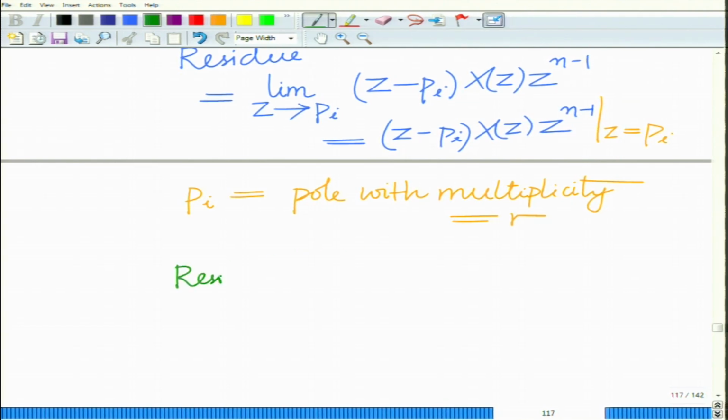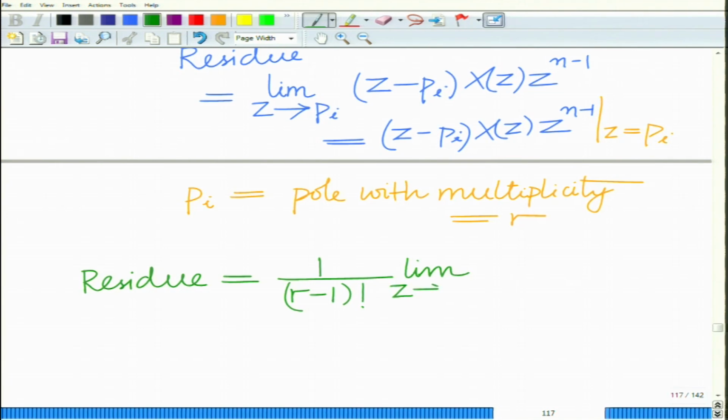Then the residue of this equals 1 over (r minus 1) factorial, limit z tends to p_i, d raised to r minus 1 over dz raised to r minus 1, of (z minus p_i) raised to r, X(z) into z raised to n minus 1.